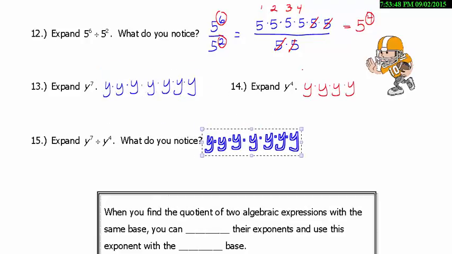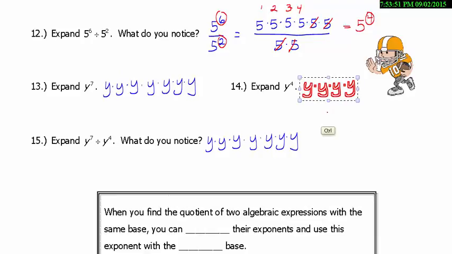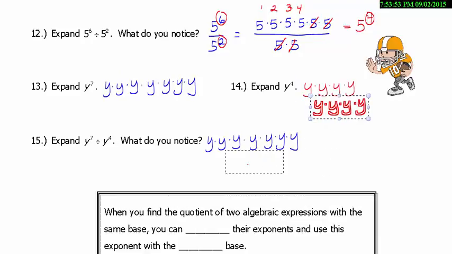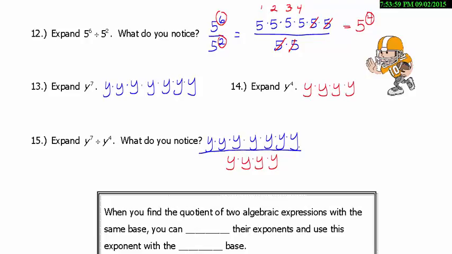And then it says, what do you notice? So again, we'll write this out as a fraction. We have some cancellations that happen here, here, here, and here. And remember, anything divided by itself is 1, and anything times 1 is itself.